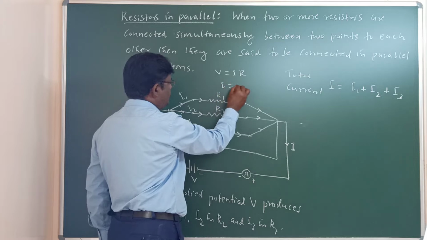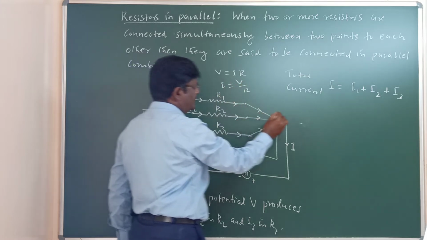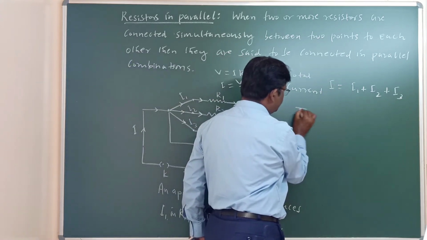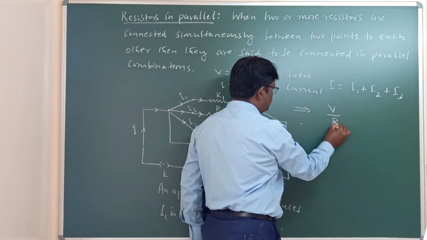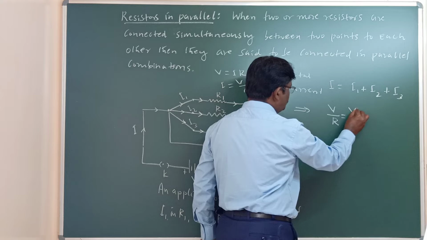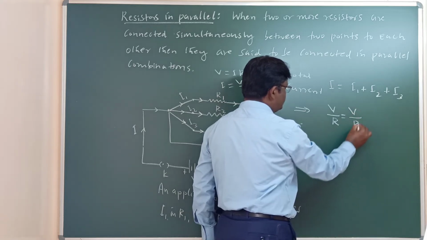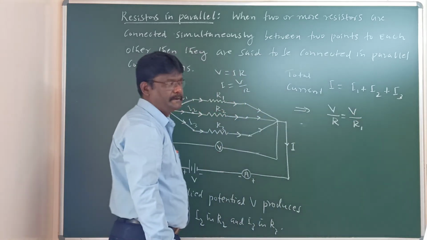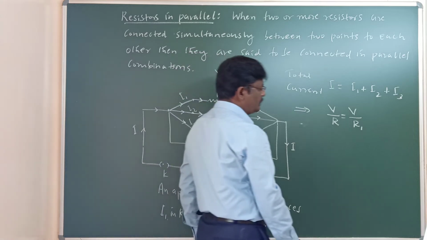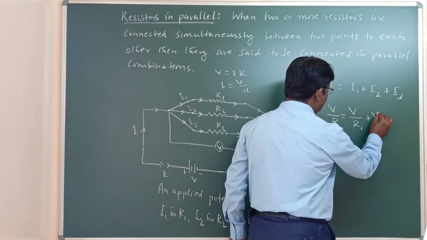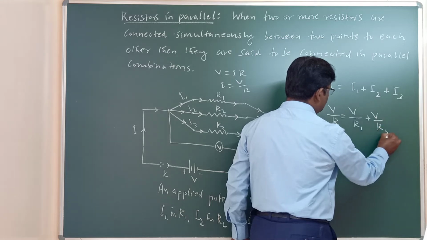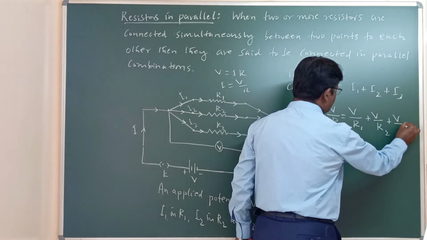Therefore, I equals V by R. So, I1 equal to V by R1. No change in potential difference. Therefore, I equal to V by R1 plus V by R2 plus V by R3.